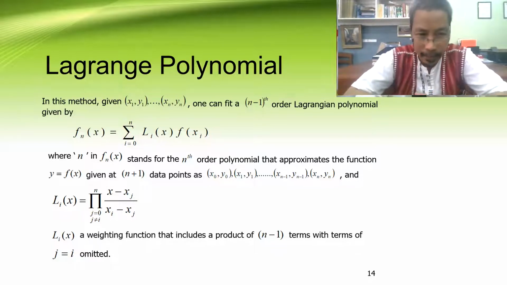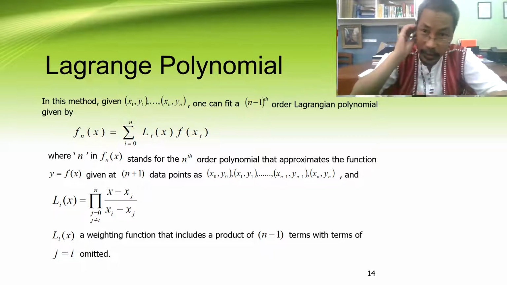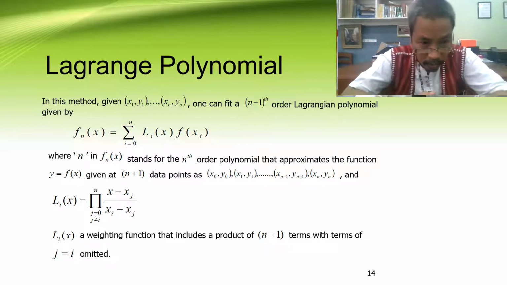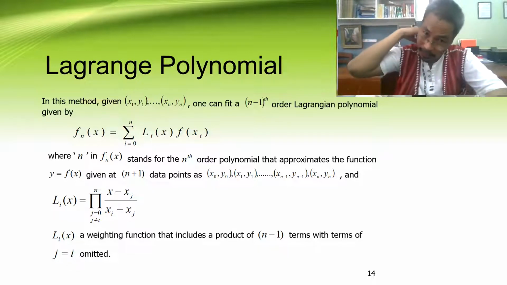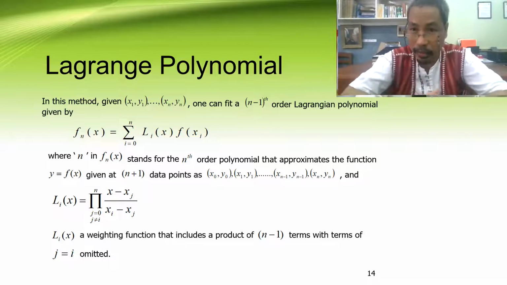Okay, that is the meaning of L. That is the Lagrangian coefficient. So Li of x is a weighting function that includes a product of n terms, with the term j equal to i omitted. We do not want i to be equal to j. Okay, so all the other rational functions are included.